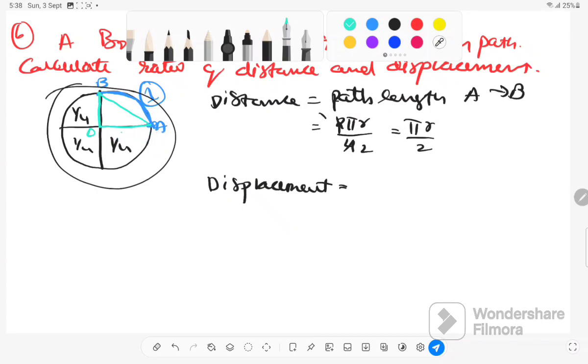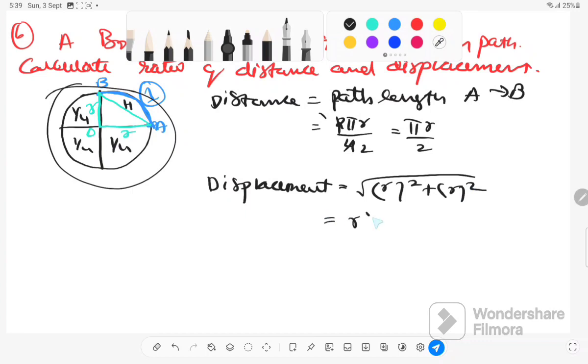So O to A will be the radius. This is also a radius. We need to find the hypotenuse. For that, the formula is square root of side square plus side square. What is one of the sides? R, that is OA. What is one more side? R, that is OB.